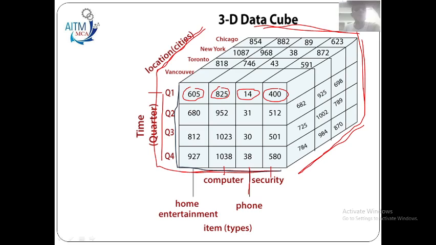But we will not get the information of the countries or locations or the cities. If you take this way, and this way, we'll get the information of which country, which city, and quarterly what is the sales. Got it? So we'll get different facts.